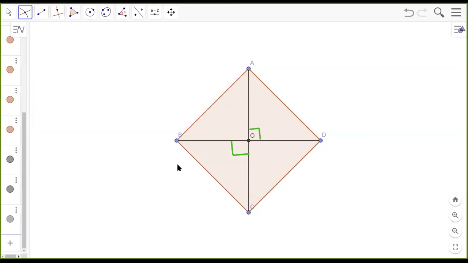When I take the squares of all the four sides, that is AB square, BC square, CD square and AD square, and add them, it should be equal to the sum of the squares of the diagonals. That means I should get AB square plus BC square plus CD square plus AD square, which should be equal to AC square plus BD square. This is what you have to prove.